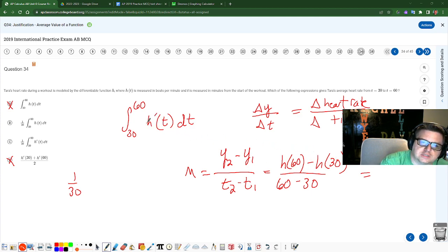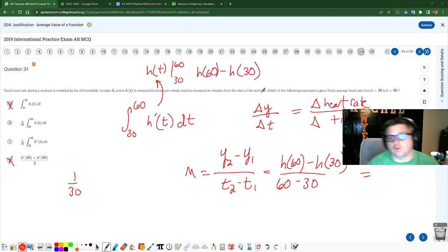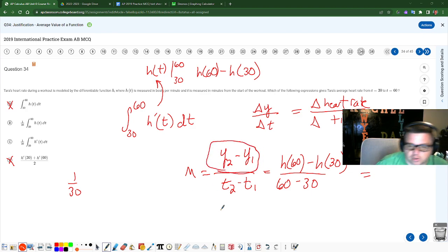So what we want to do is integrate h prime of t so that when we go up to the next level, we will be at h of t, and then we can plug in 60 and 30 and get h of 60 minus h of 30, which is what we're looking for. That's our slope formula. That's the average rate of change. Okay, so that's where we start to collect our thoughts and get letter C as our answer.